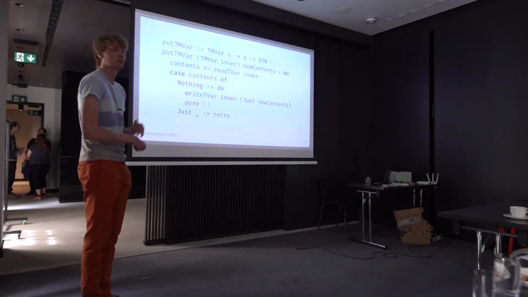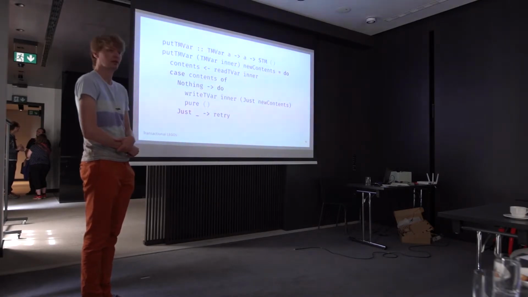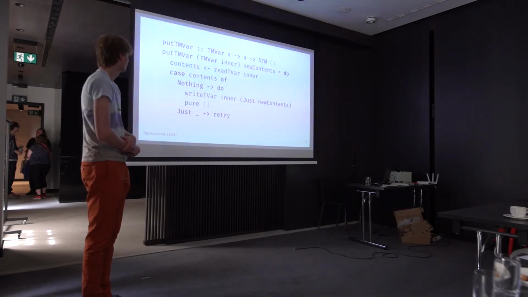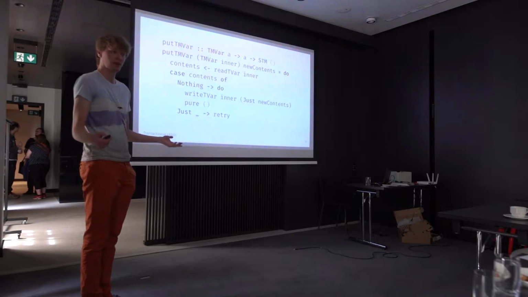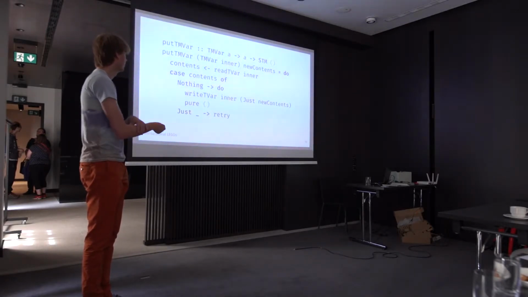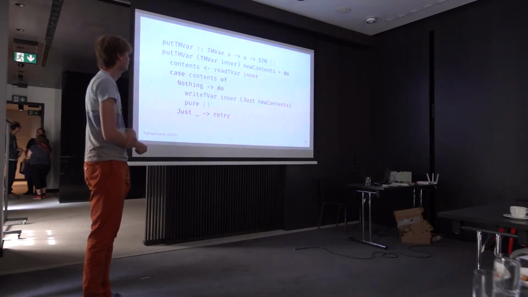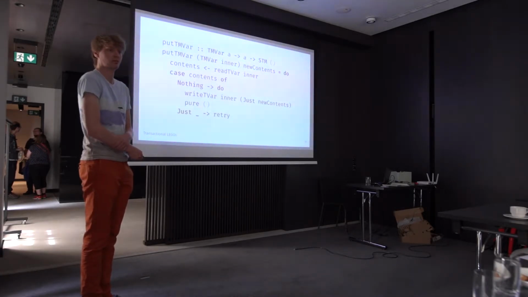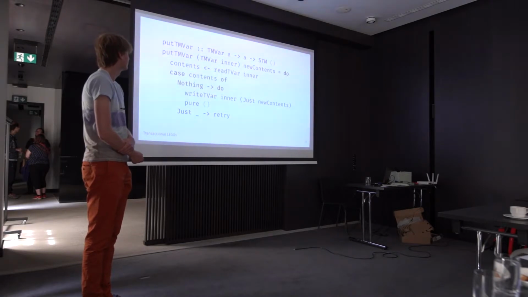And this will keep on retrying the put operation until the TMVAR is empty. In the Nothing case, it's empty, and we can write it, and we need to do some wrapping and then return a pure unit because we're in STM. Any questions about this?